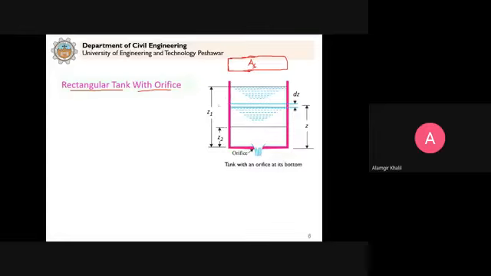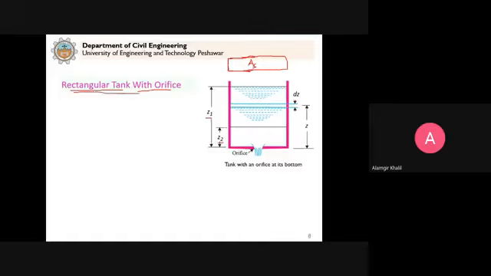Now you are interested in how much time it takes for the water level to drop from Z1 to Z2. Or let's say this can be an example of our swimming pool. We are interested in how much time the water level will take to drop from one level to another, or even if you want to completely empty the swimming pool, how much time it will take. This we can calculate.